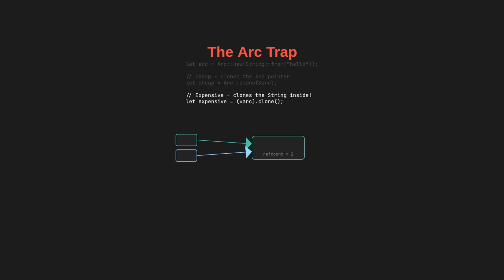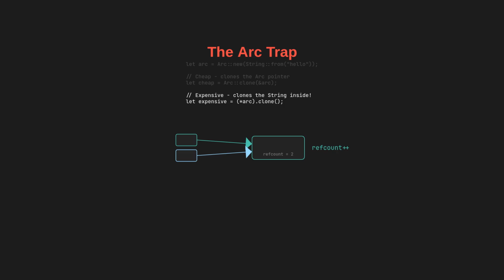See the difference. Arc clone clones the Arc itself, just incrementing the reference count, but the expensive variable dereferences the Arc first, then clones whatever is inside. In this case, it clones the string, which means a heap allocation.